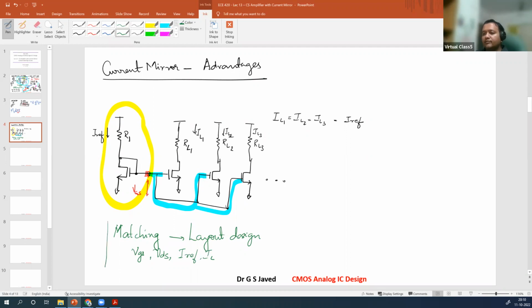So you will find many techniques in the layout design when this comes up, and this is where you have an interesting challenge in the layout design as the technology scales down.